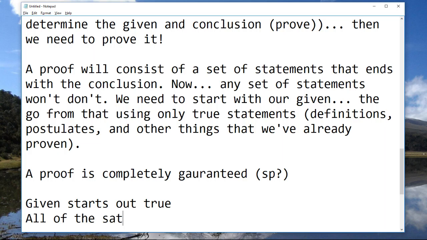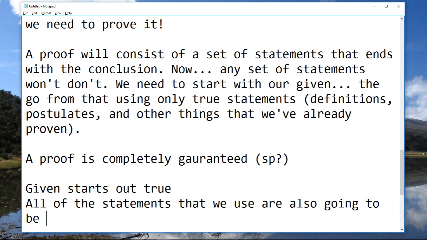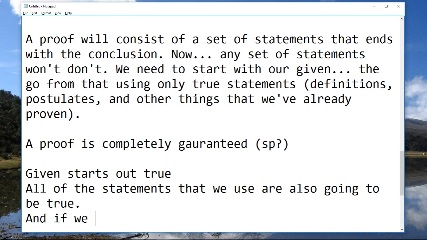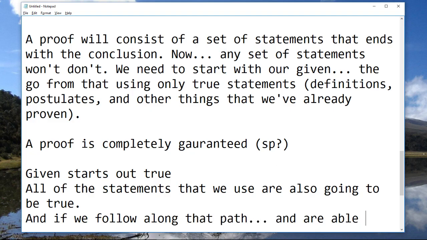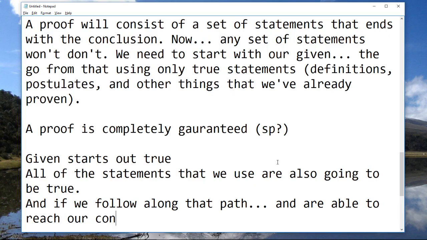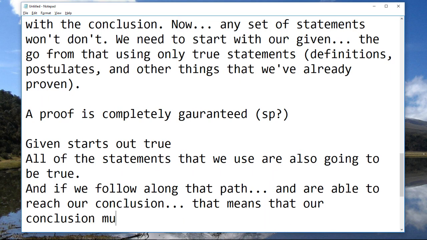All of the statements that we use, and we go from statement to statement, are also going to be true. And if we follow along that path and are able to reach our conclusion, that means that our conclusion must be true.